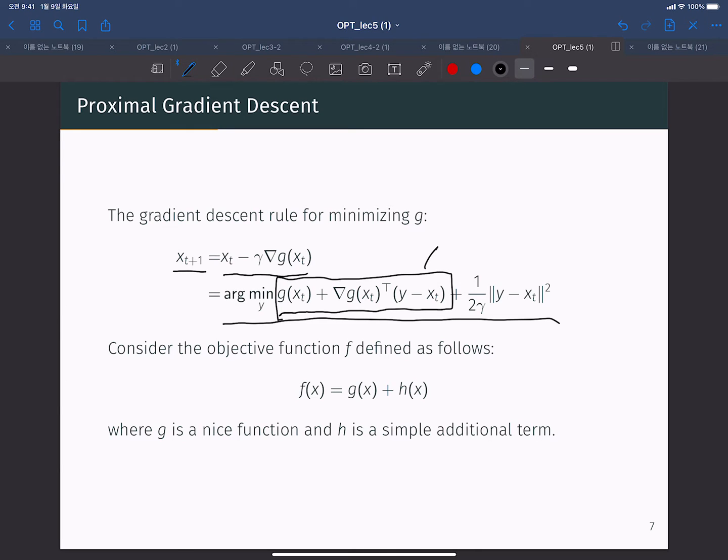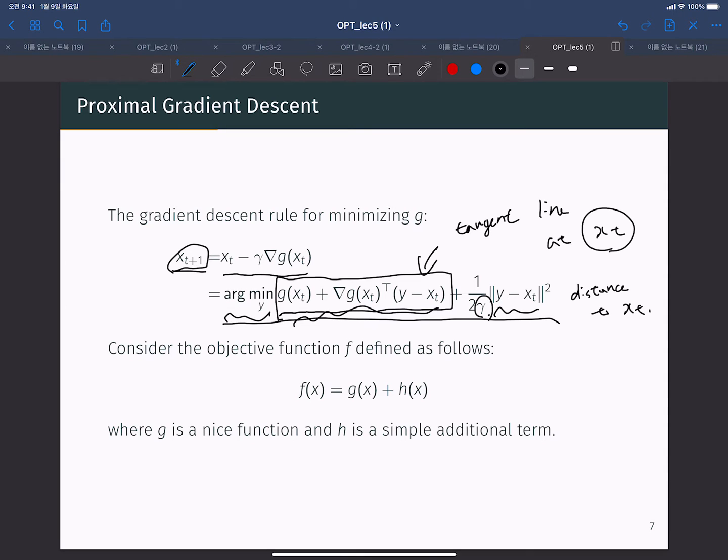Actually, this is the equation for the tangent line, the tangent affine function at point x_t. And plus, this is the distance to x_t. So basically, x_{t+1} is the argmin solution of your tangent line at x_t, your current point, plus 1 over 2 times step size times the distance to x_t.